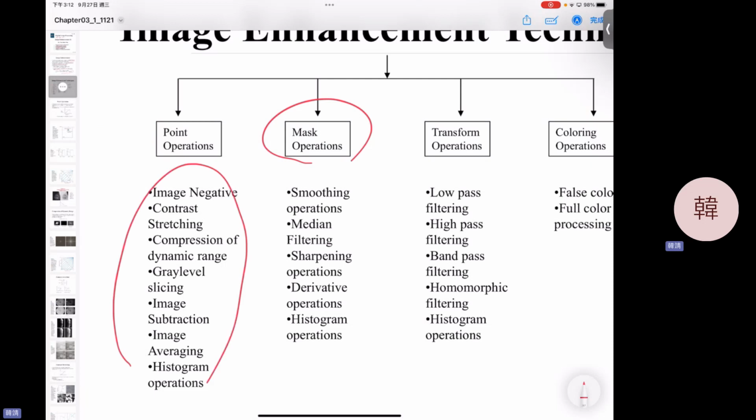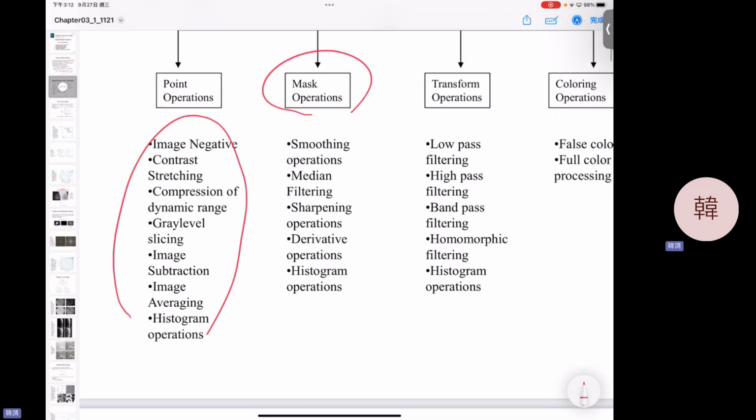For the point operation, we have a lot of different techniques. You can change the intensity level from one value to the other value. We are going to look at this one today. And the other one is for the neighboring relationship, so you use a mask. You have to define the mask neighboring location, maybe a square, maybe a rectangle, maybe a circle shape.